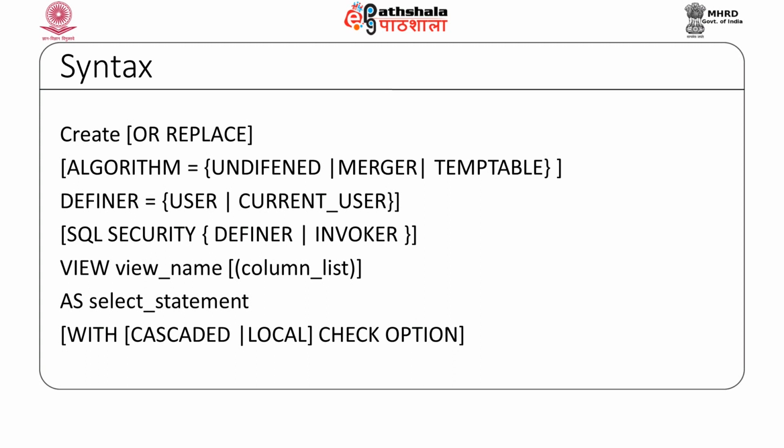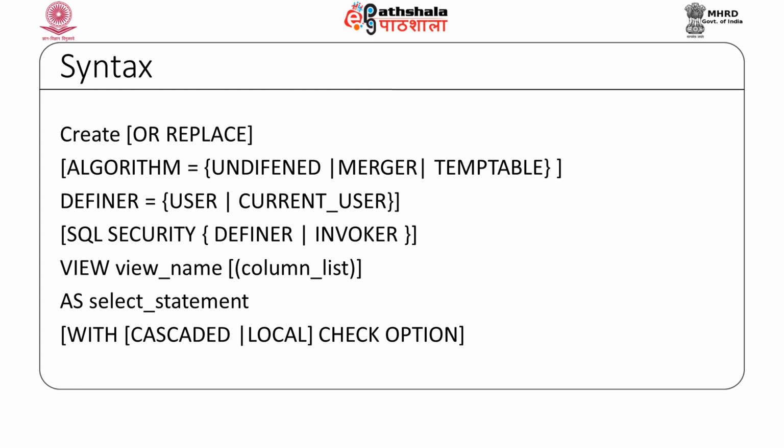Before actually understanding the example, let us understand the syntax of the view. As you know, in each and every database object we have seen in the syntax that there is the phrase create or replace. Create or replace means that if that database object already exists, the compiler will drop that object first and recreate it for you.